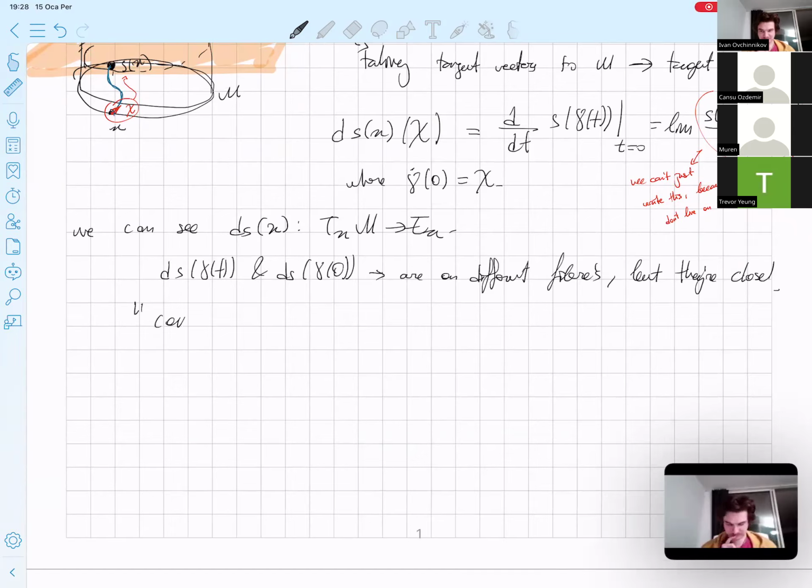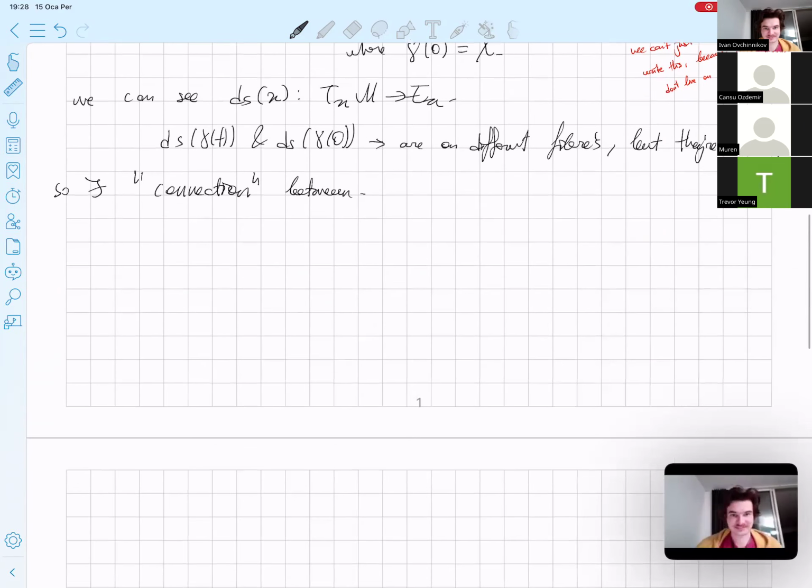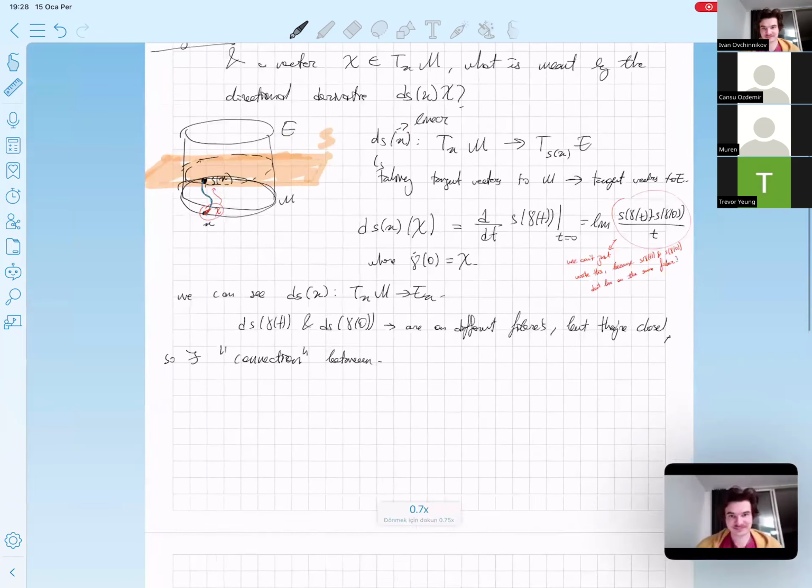The connection name first appears here. You just need to define this connection mathematically nicely. So this was the first question that we're going to consider.